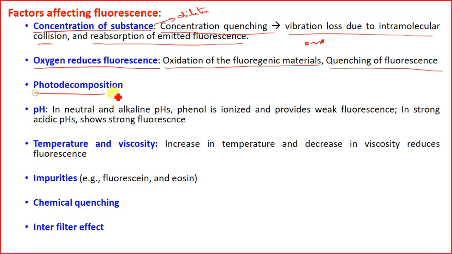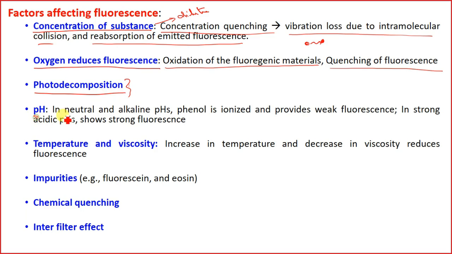Then photodecomposition: there are various chemicals which may decompose in the presence of photons. They will absorb a photon and that energy is sufficient to decompose the molecule, and in that case there will be a reduction in the fluorescence.